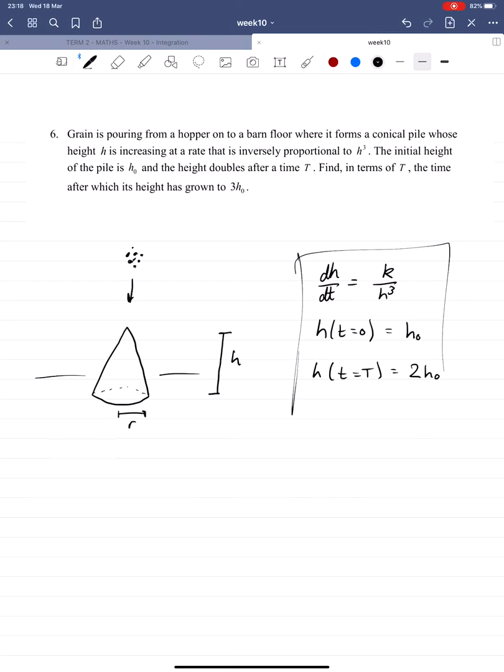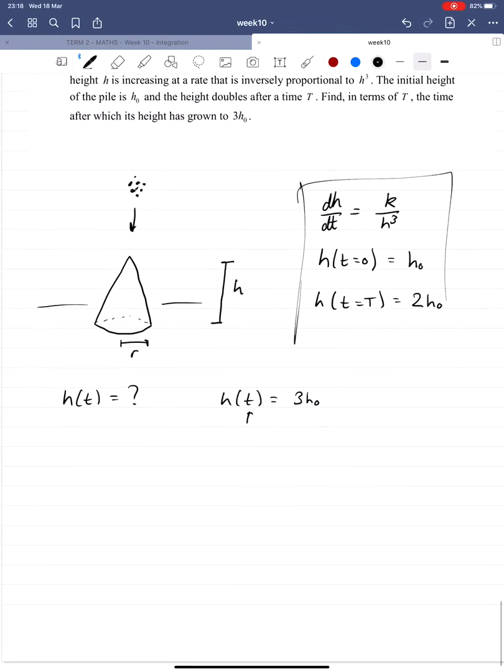So really what we're doing is we're going to find h of t, this function, and then we're going to set it equal to 3h0 to see at which t do we get 3h0.